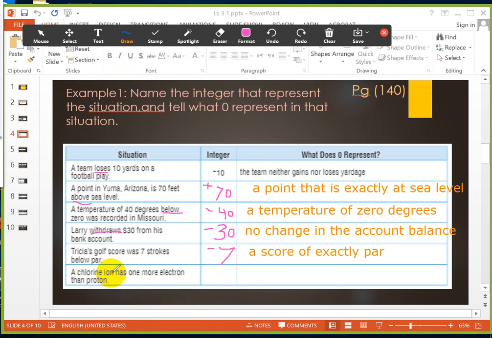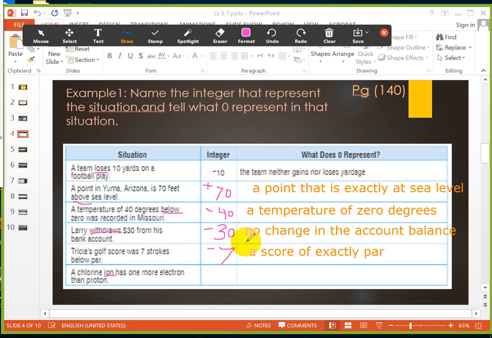Now, a chlorine ion. You know the ion from the science? An ion has one more electron than proton. That means the electrons will be more than the protons. What is the sign for the electron from the science?